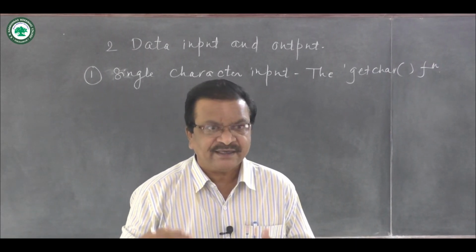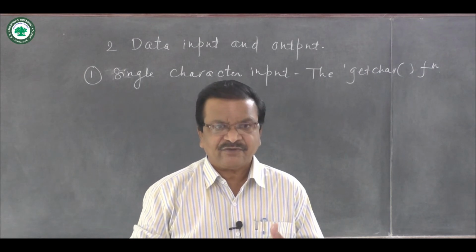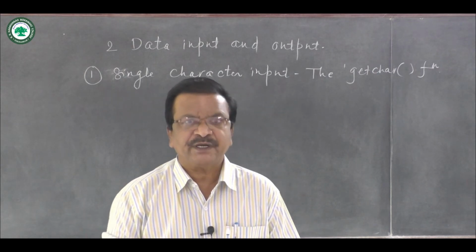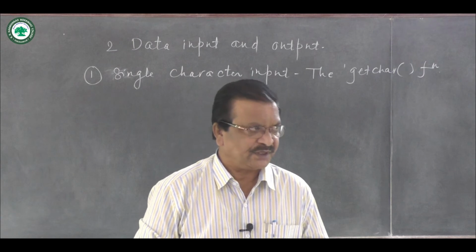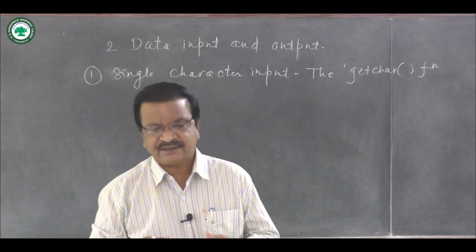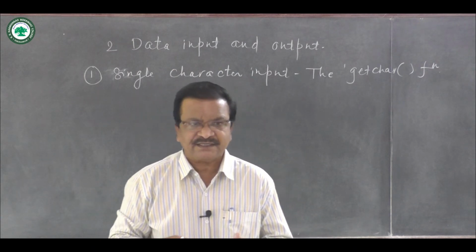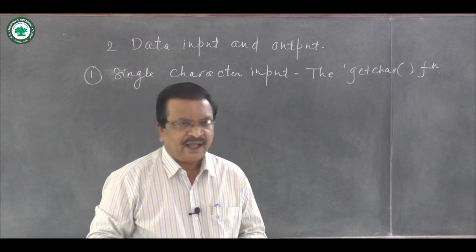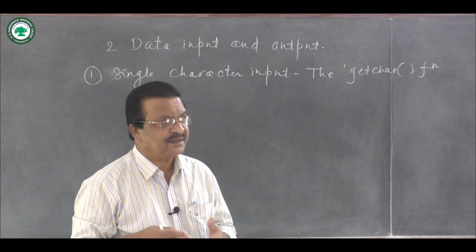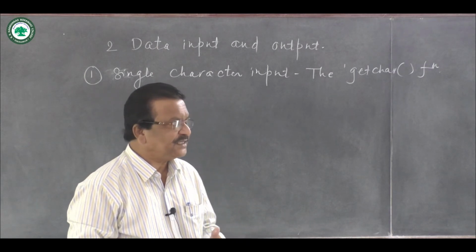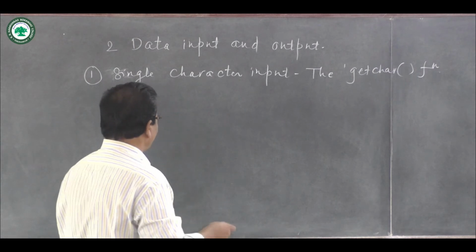It will return a single character from the keyboard and store it into the memory of a computer. It is part of the standard C library, and the general form by which it is used is as follows.